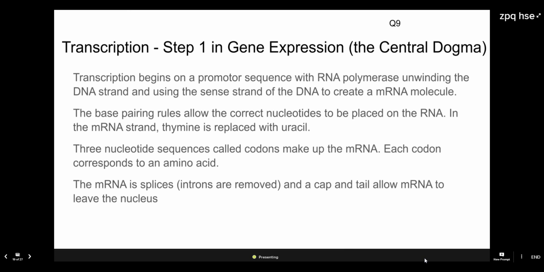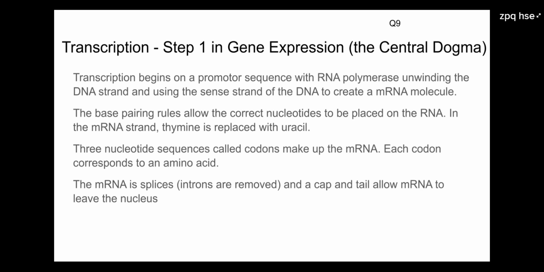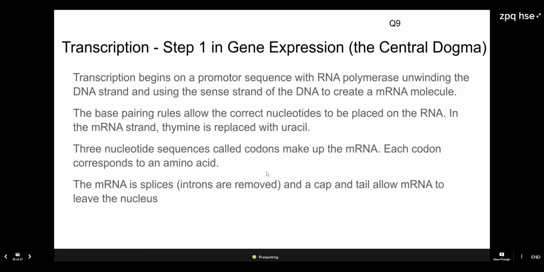Introns are what are taken out. They're the garbage. One way to possibly remember it is you throw things in the garbage, introns into the garbage. I can't tell you the percentage of people that mix up introns and exons. And then it gets a cap and tail and leaves the nucleus.